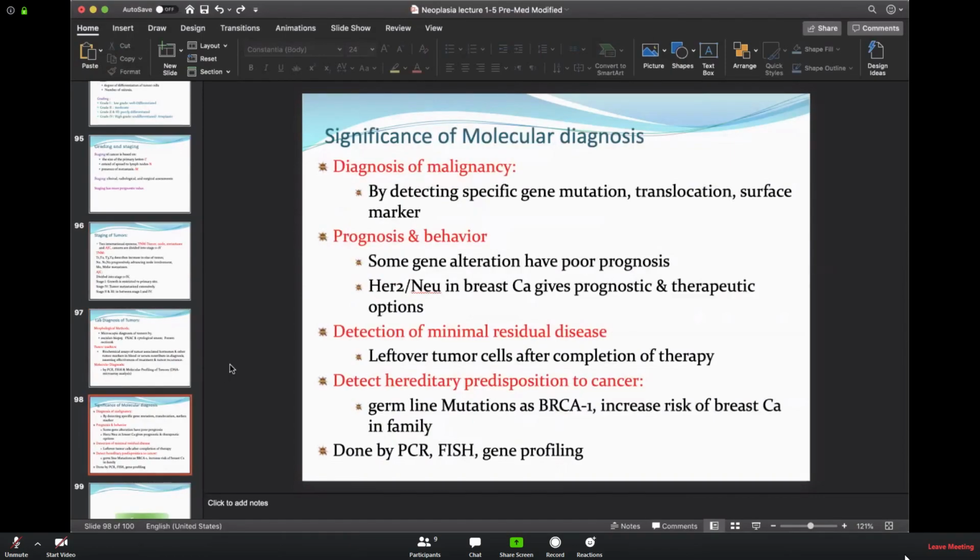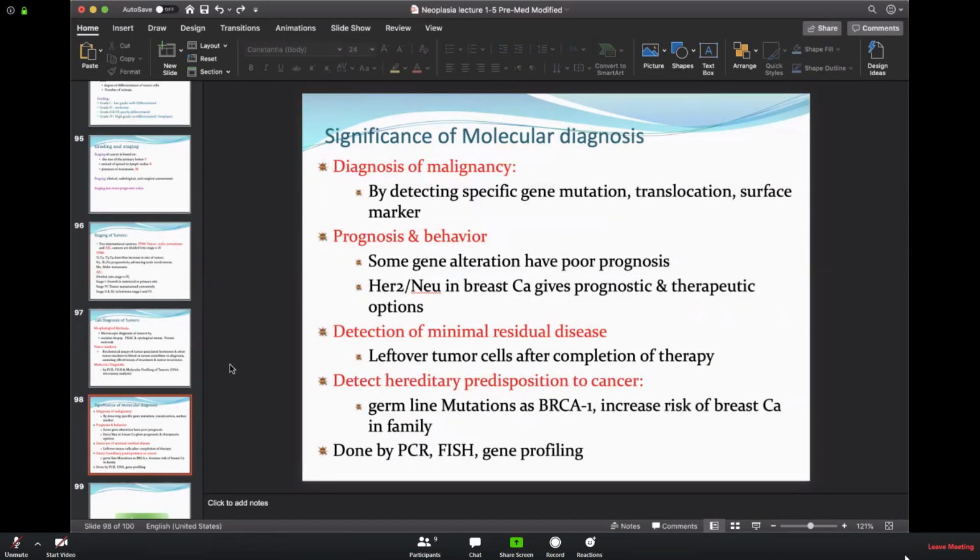Why is molecular diagnosis significant? Number one, it can help in the diagnosis or confirming the diagnosis, especially with particular tumors that have characteristic abnormality. Also to predict prognosis and behavior, and an example of that is HER2-neu in breast carcinoma, which is predictive and prognostic.